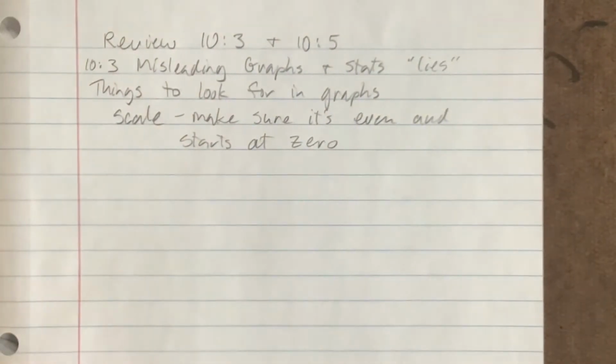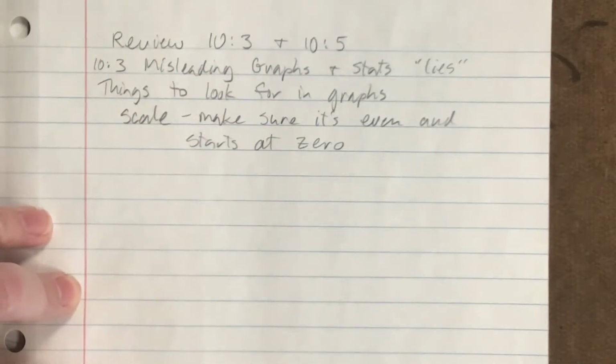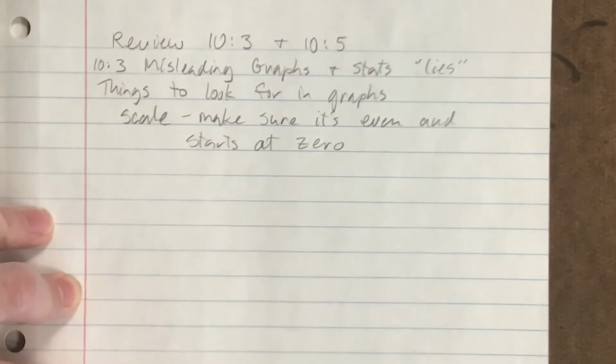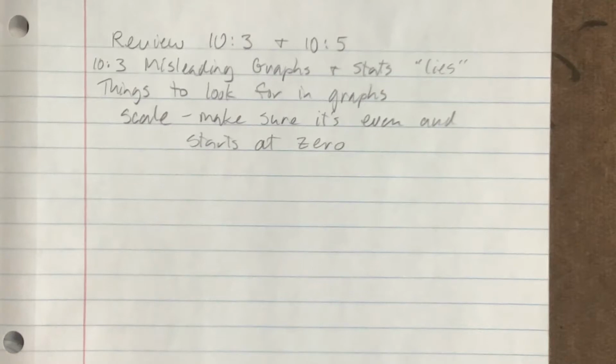Because remember, when it's not even and it doesn't start at 0, then it's kind of like zooming in on the data and it makes things look different than they actually are. Okay, so make sure it's even and then make sure it starts at 0. That's pretty much how to make things a little wonky in graphs.